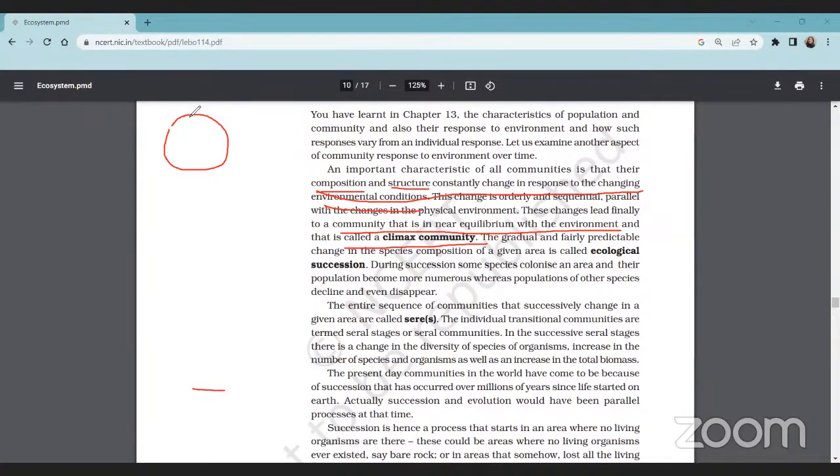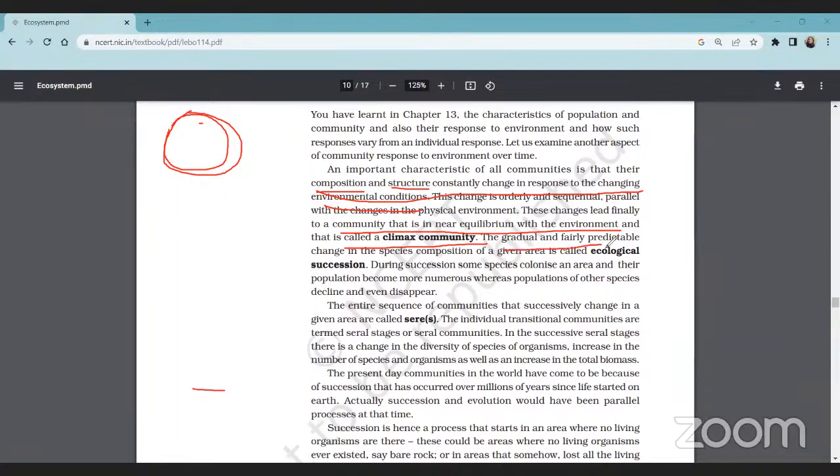If we take a particular area, all the organisms living in that area are changed by the environmental and physical conditions, and finally they remain similar in that area. That is called a climax community. Again, no more changes are present in it. After so many changes, they are formed as a community called a climax community.